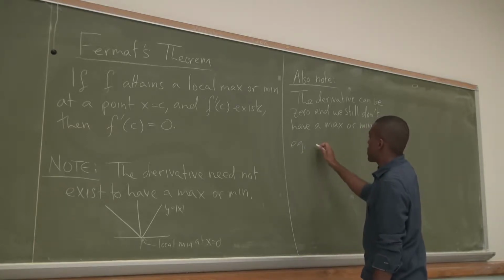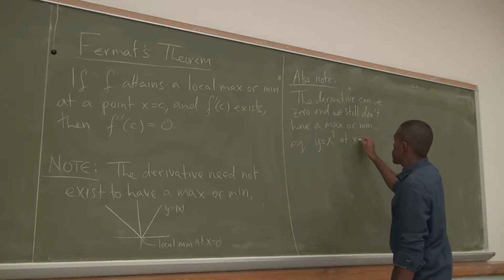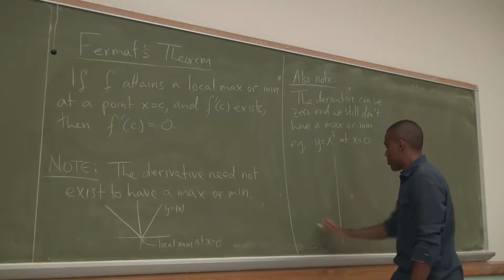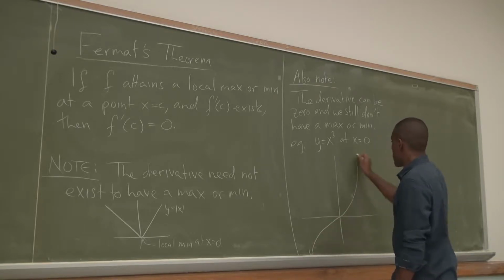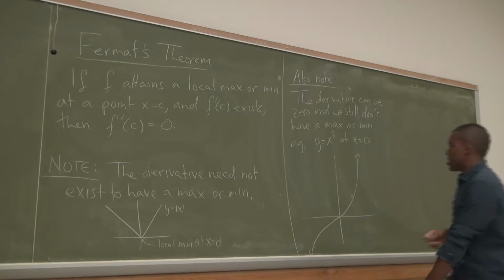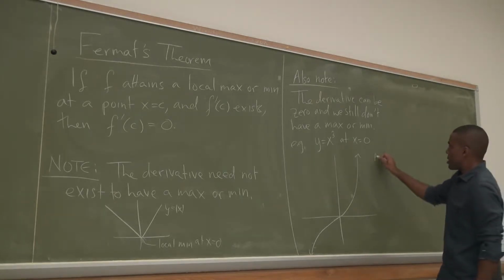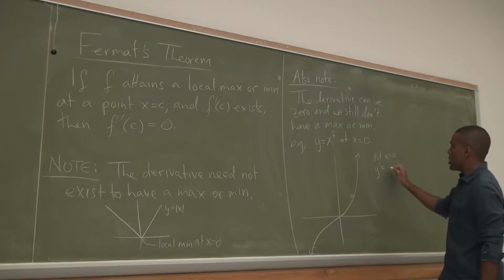Example. y equals x cubed at x equals 0 is an example. So at x equals 0, y prime would be 3x squared evaluated at x equals 0, which is actually 0.